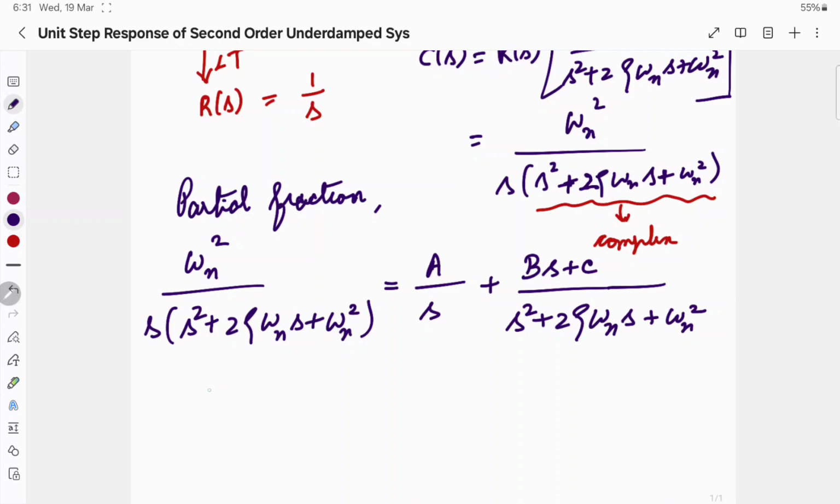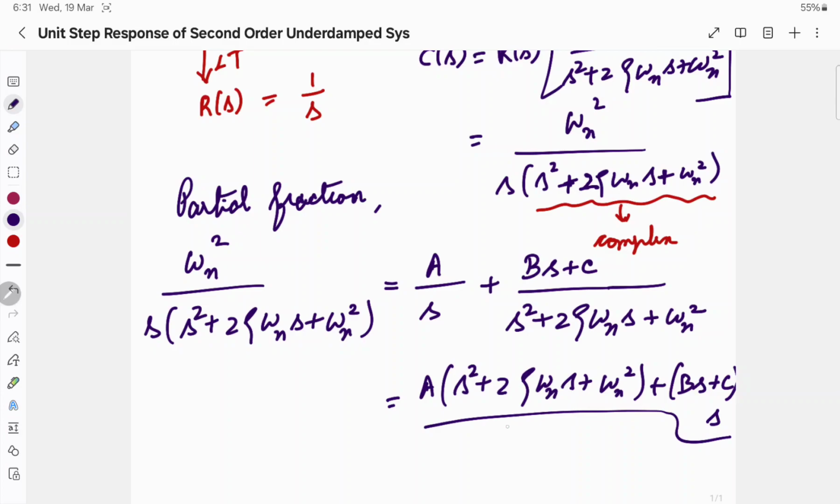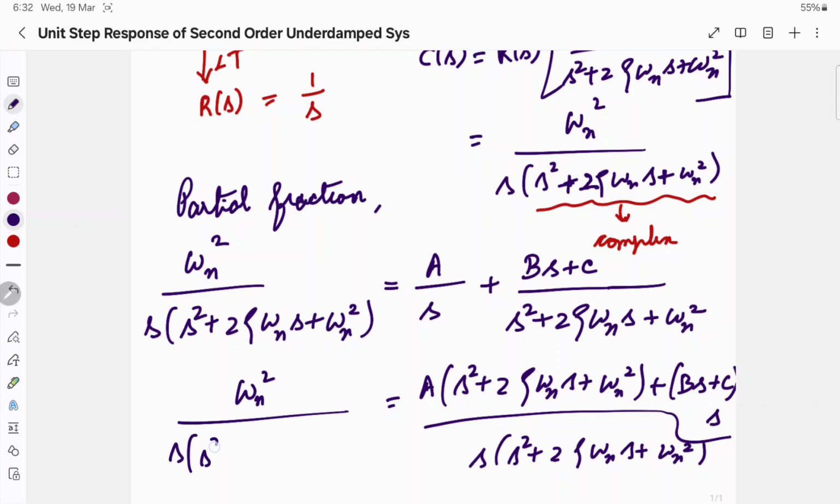So it would be A times (s square plus 2 zeta omega n s plus omega n square) plus (Bs plus C) times s, all divided by s times (s square plus 2 zeta omega n s plus omega n square), equal to omega n square divided by the same denominator.